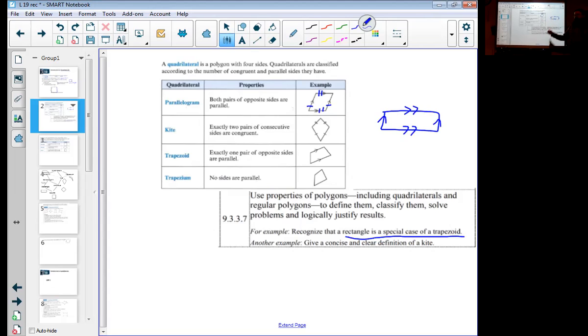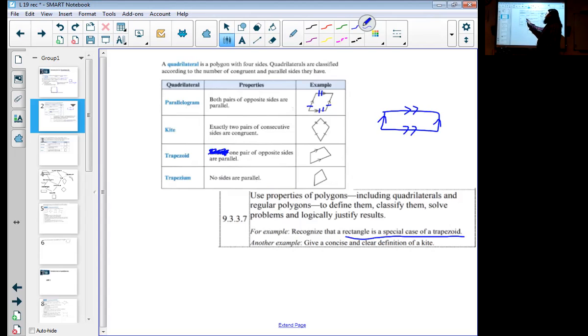But because the standard directly says that it is, we need to get rid of this exactly. So that means that the answer key that is online will probably not say trapezoid or rectangles, but it is something that needs to happen.